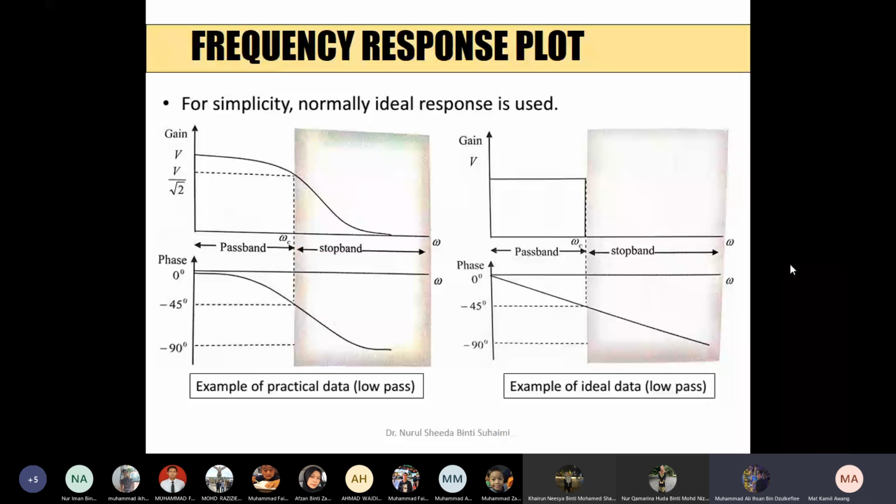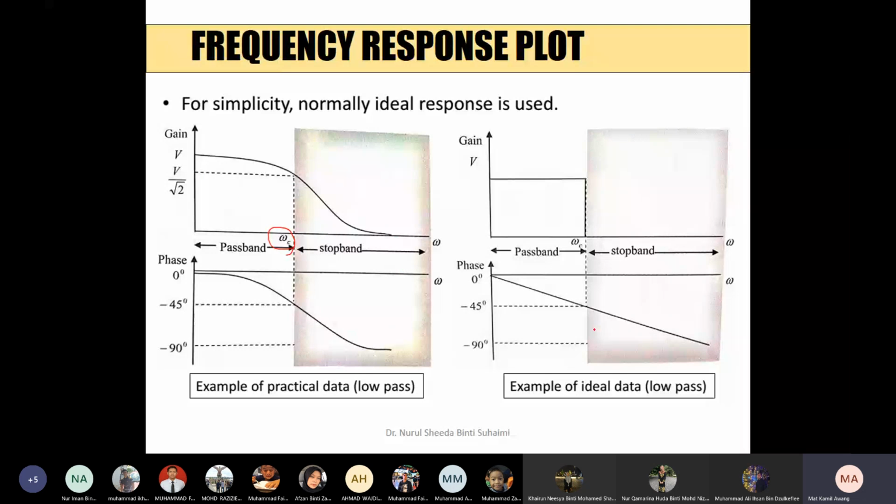So for simplicity, the normalized response is used. This is actually practical data of a low pass filter. It passes the signal below cutoff frequency omega c and it stops the other signals. So this is a practical low pass filter.